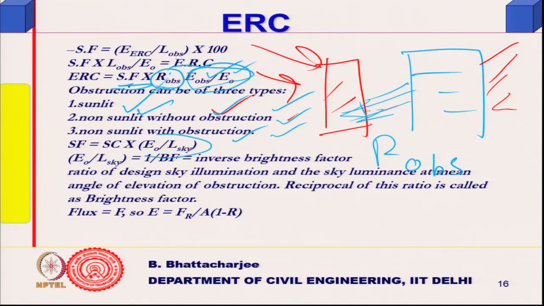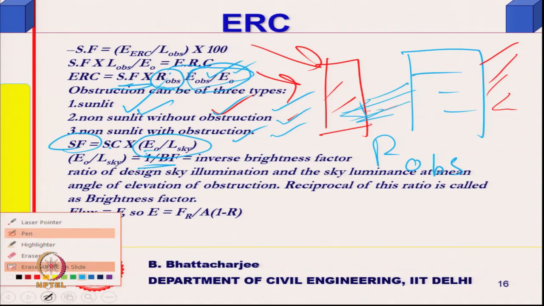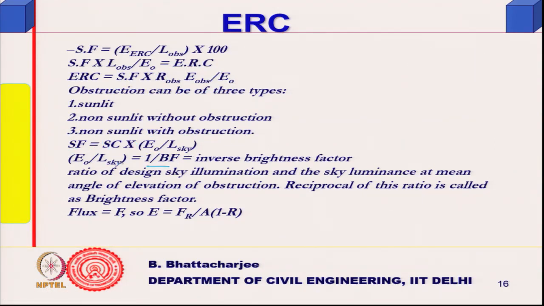Similarly, E 0 by L sky is given by 1 by inverse brightness factor, 1 by BF. It is called the inverse brightness factor for the obstruction. As I said, the sky factor can be obtained from E 0, as ESC into E 0 by L sky, and E 0 by L sky is given as 1 by BF.